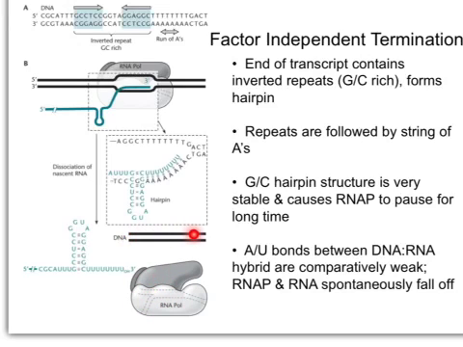So this is the DNA, this is the RNA polymerase, and this is the transcript, which has now terminated as a result both of the GC-rich hairpin loop and the U's that, in bonding with the DNA, formed an unstable structure.